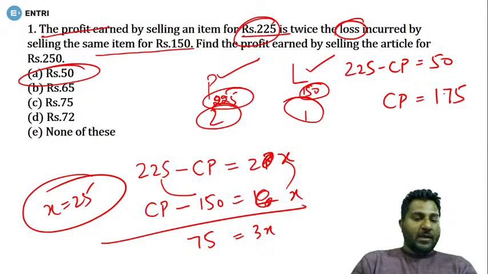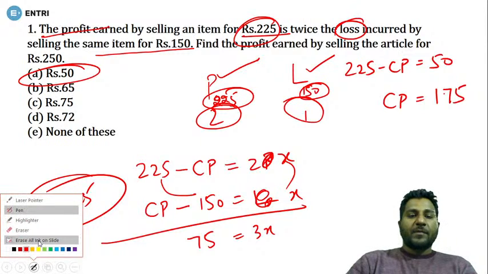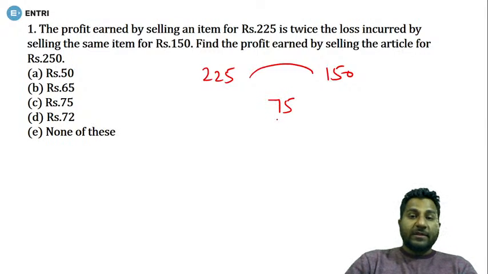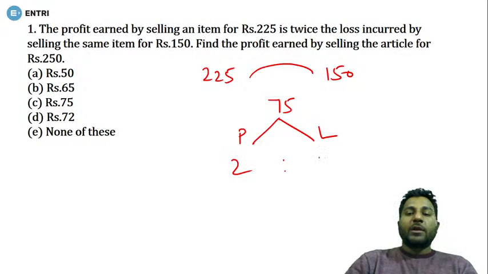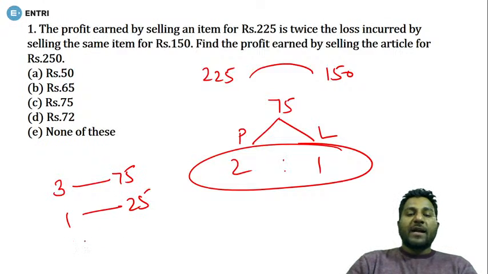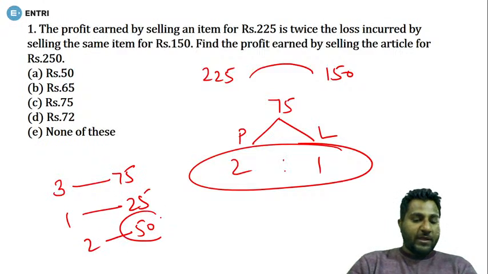Look, you can solve the question like this. If you are seeing the difference between two selling prices, you take the difference, which will arrive as 75, and you divide it in the profit and loss ratio. So 3 ratio equals 75, 1 ratio equals 25. That means 2 ratio equals 50.